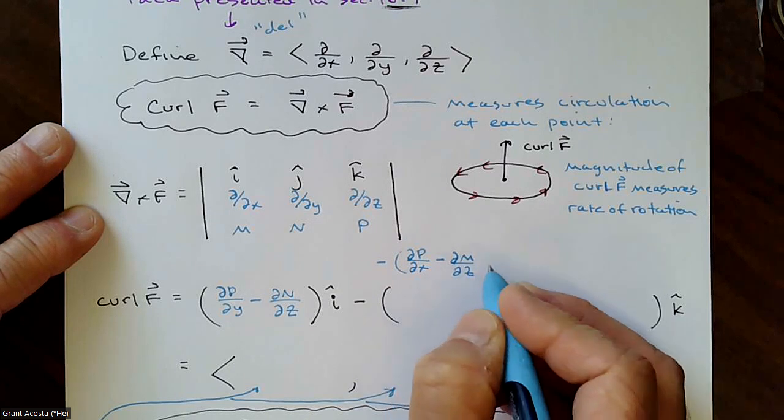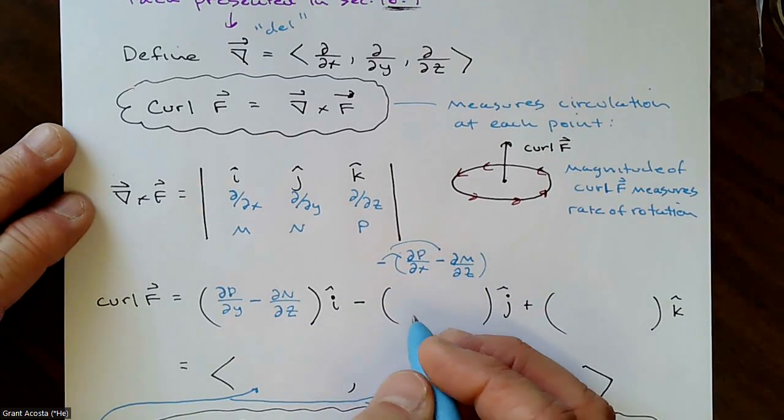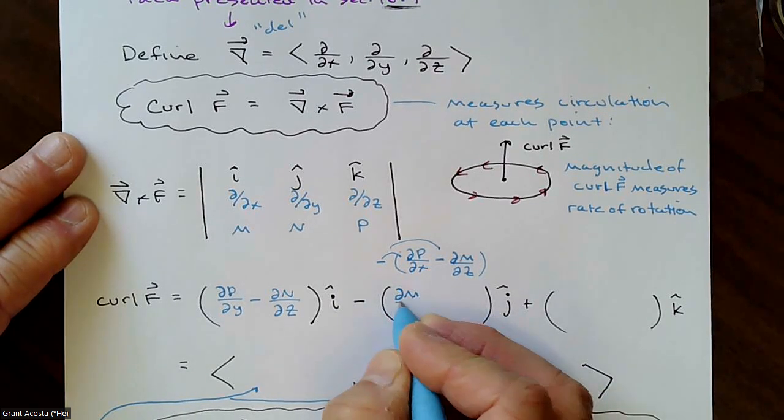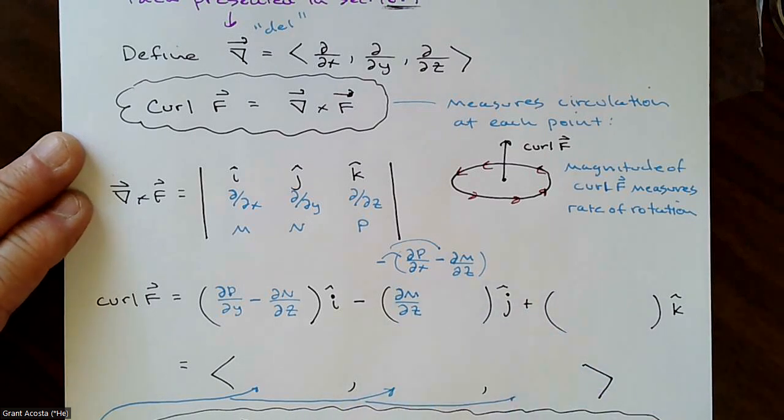And I put it up here because if I were to distribute this, I could put this one first. It would be the partial of M with respect to z. Wait, is that right? Give me a second here.